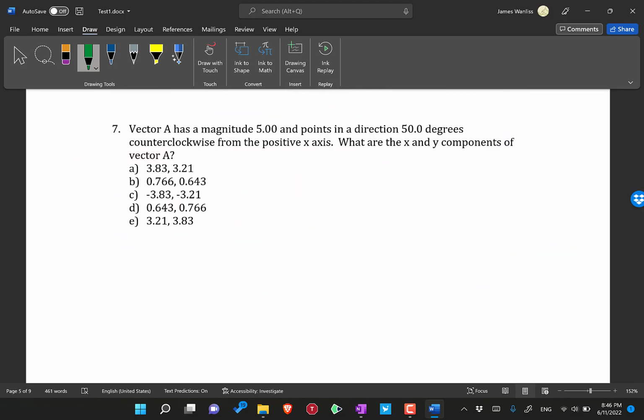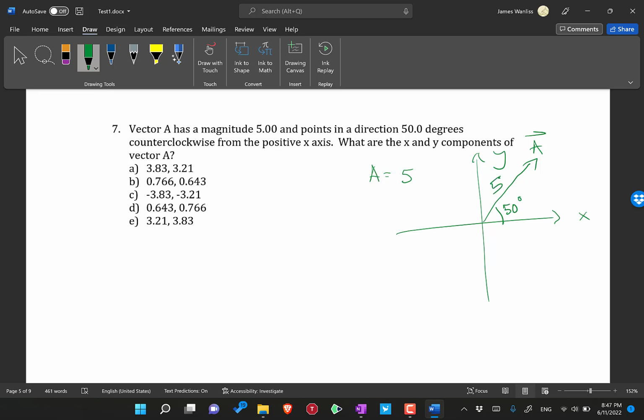Vector A has a magnitude 5 and points in a direction 50 degrees counterclockwise from the positive x-axis. X, Y, 50 degrees. So this is the vector A. What are the x and y components of the vector A? All I know is this angle, 50 degrees, and I know the length, 5.